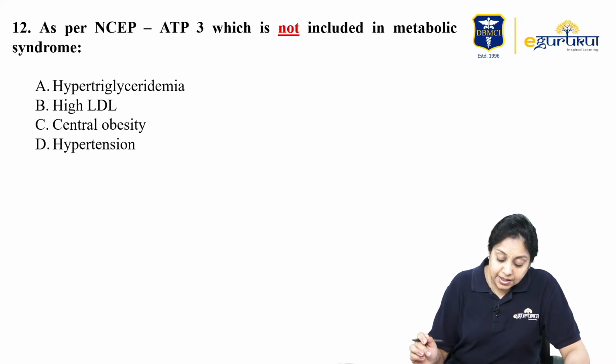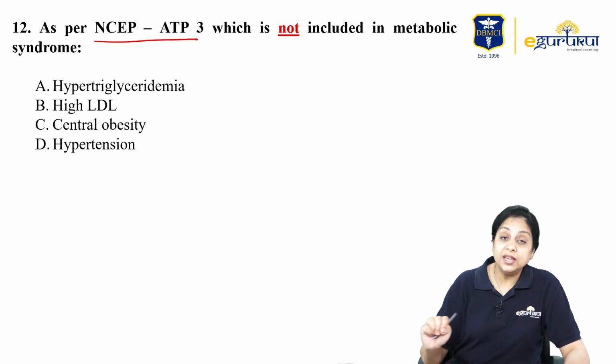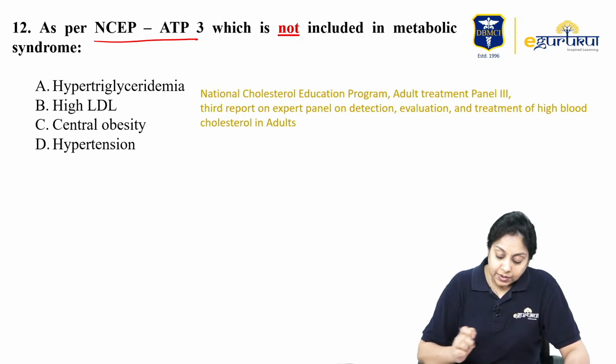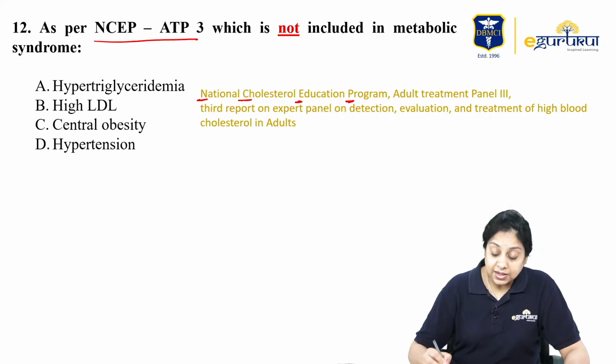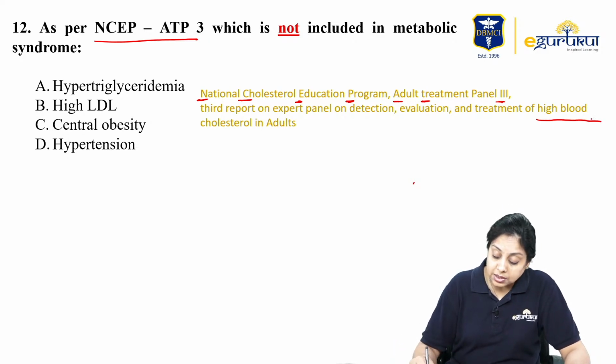As per NCEP ATP3, which is not included in the metabolic syndrome? What is NCEP ATP3? NCEP is National Cholesterol Education Program, right? There is this panel for the adults, and that is related to high blood cholesterol in the adults.